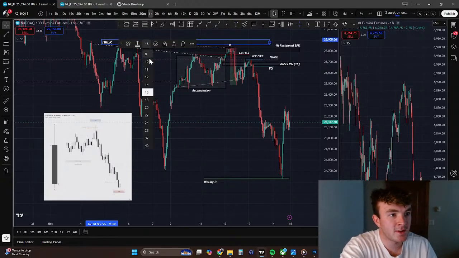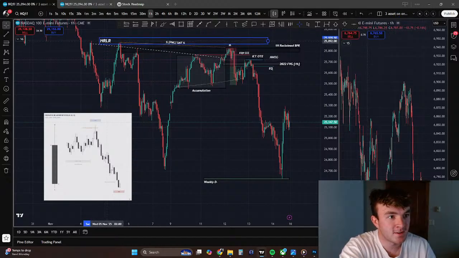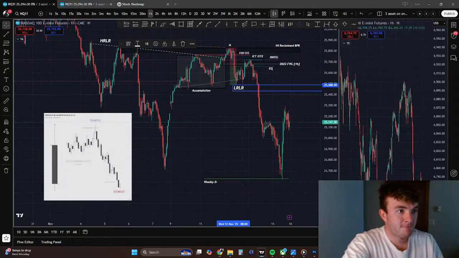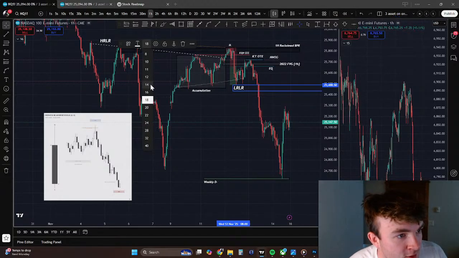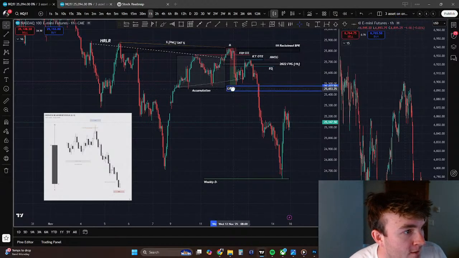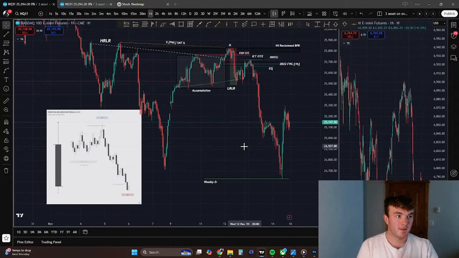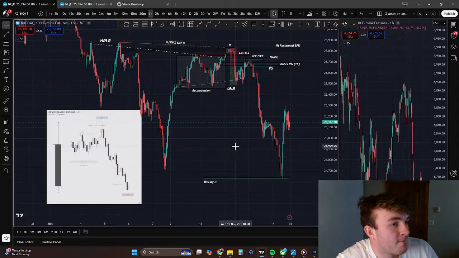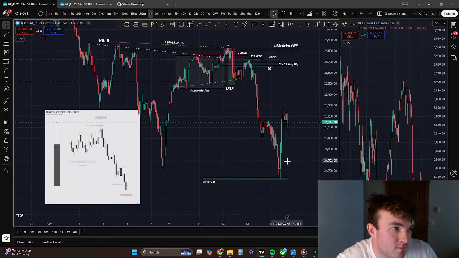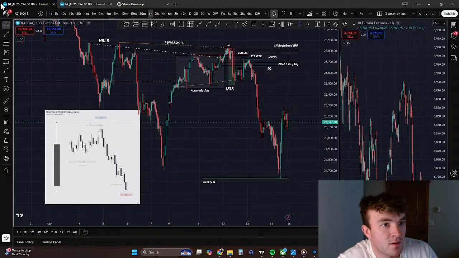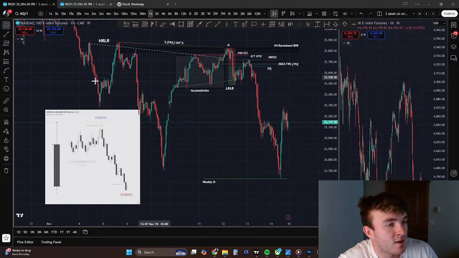High resistance liquidity versus low resistance liquidity. And now all of a sudden this is looking really, really nice. Alright, midweek reversal, weekly profile. And we could, nah.